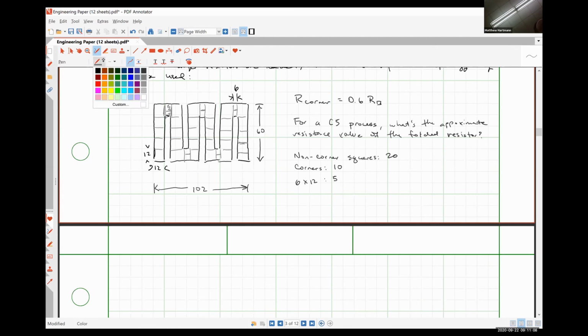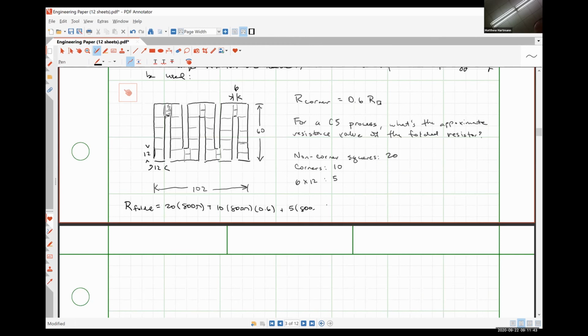So from that, we can say that the resistance R folded is going to be 20 times 800 ohms plus, that's our regular squares, plus 10 times 800 ohms times 0.6, which is our corners, plus 5 times 800 ohms times a factor of 1/2.